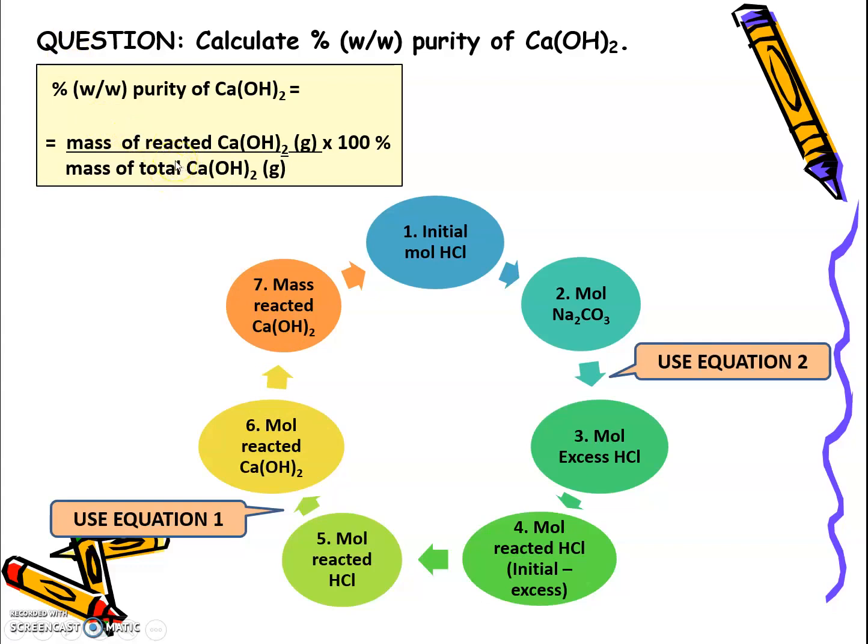The formula is mass of reacted calcium hydroxide in gram over mass of total sample of calcium hydroxide, both in gram unit, times 100%.